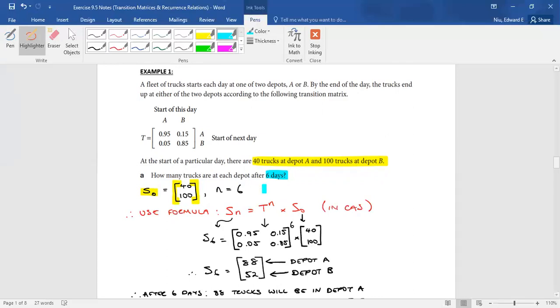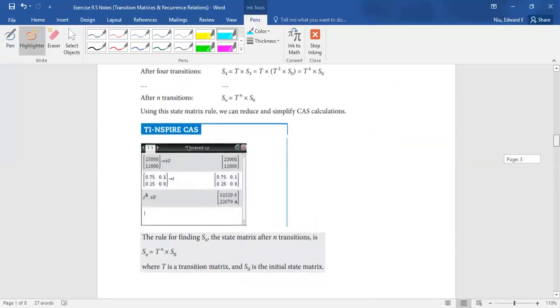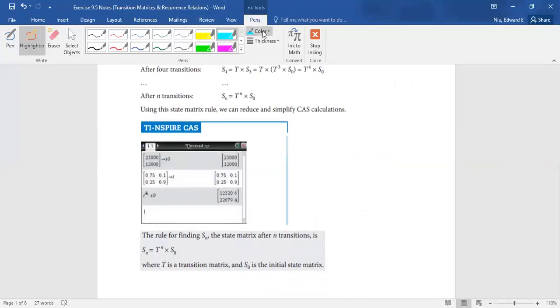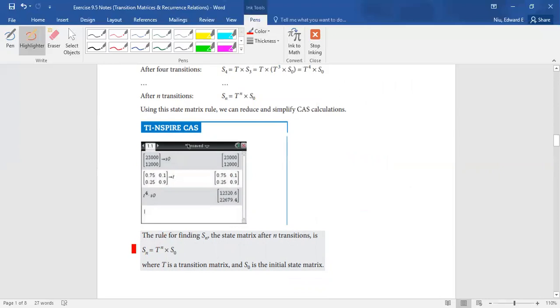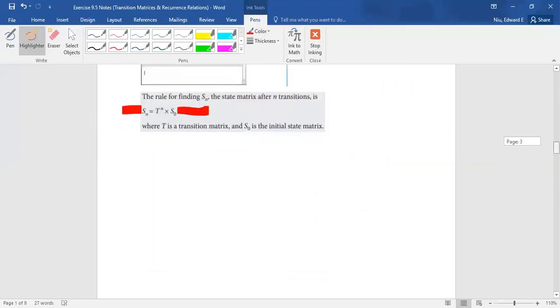Hopefully you do recall, because you need that for the exam. And what we have here is this red formula. This is the formula we're talking about. I'm not going to highlight over it because you might not be able to see.